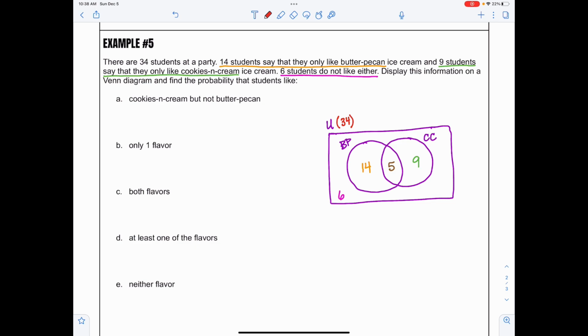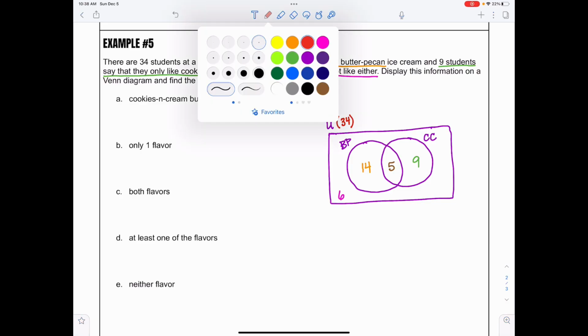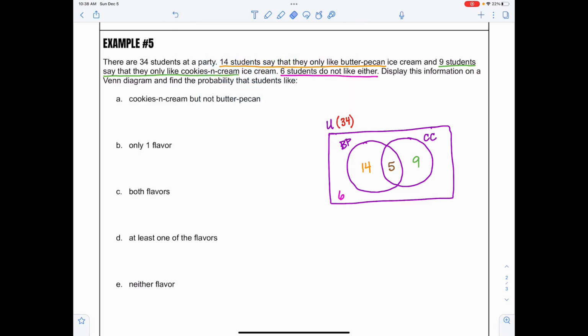So we want to find the probability for part A, which is that they like cookies and cream, but not butter pecan. Okay, so the ones that like cookies and cream, but not butter pecan, that's going to be a probability of 9 out of 34.